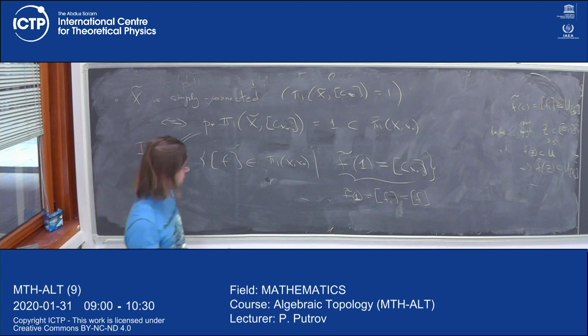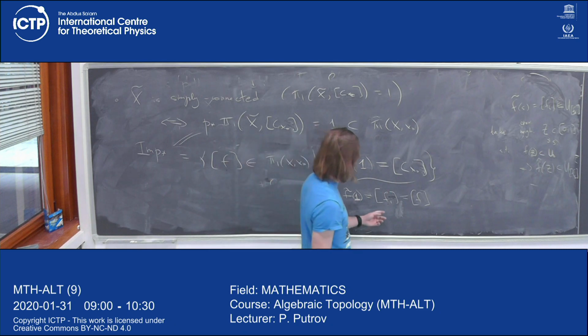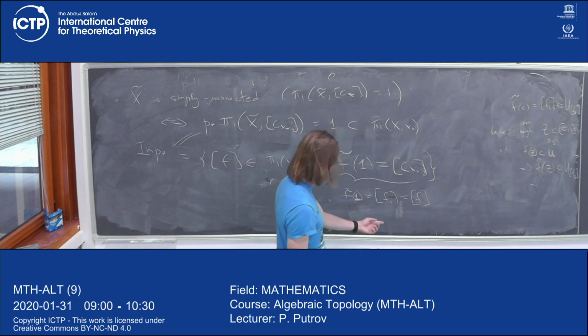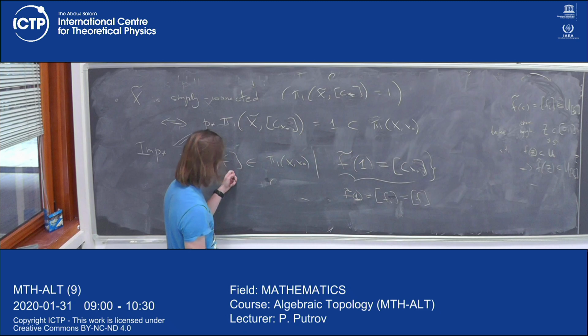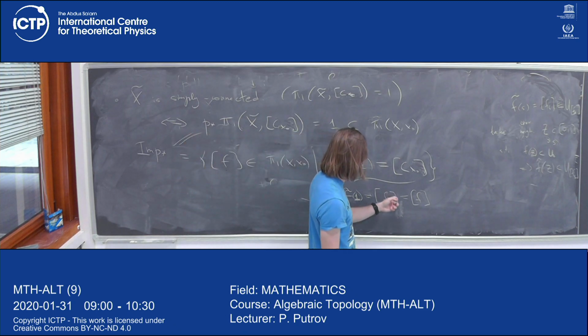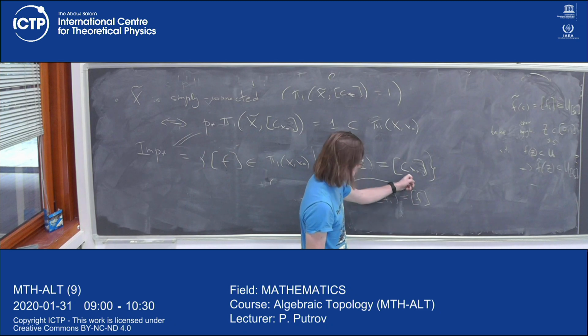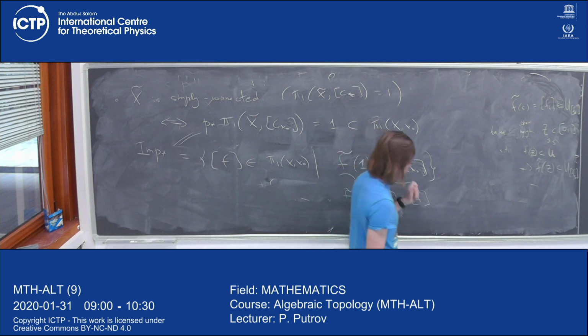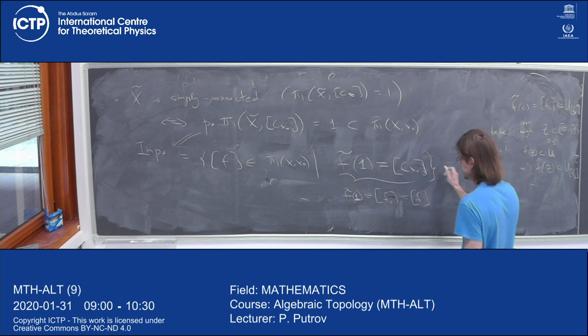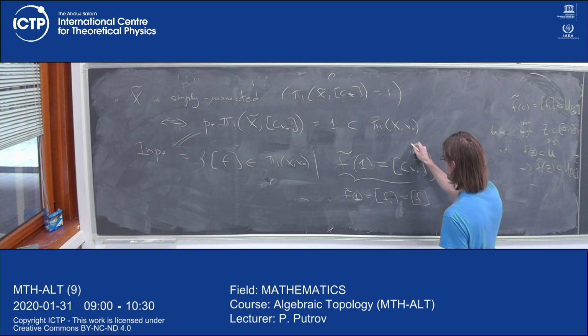So f here, since f is a loop, represents an element in the fundamental group. So this becomes just a statement that the class of f is the same as the class of the constant loop. By the definition, this is a trivial element, the identity in π1.